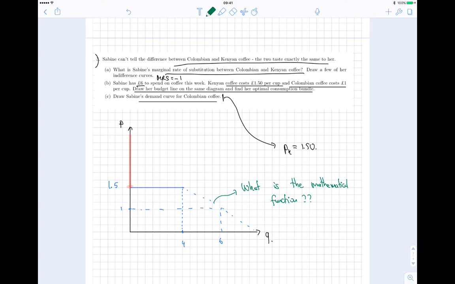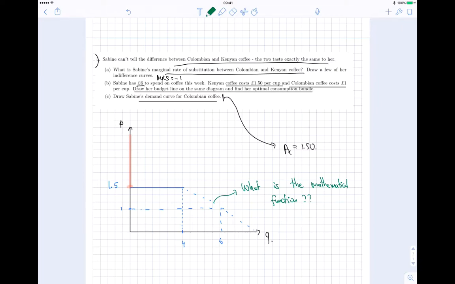If price is less than 1.5, what is your quantity demanded as a function of the price? Or what is the price as a function of the quantity? Anyone got it? Let me know. How would that function look like?